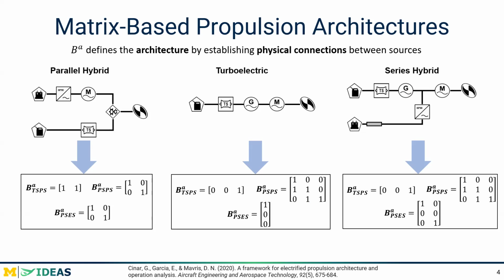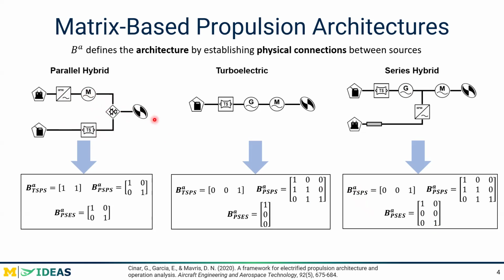We also have to develop interdependency matrices to show how much power is being split between branches of the propulsion architecture. So if you see here in the parallel hybrid, the branch with the electric motor is going to contribute some fraction of the total power required, and the turboshaft engine will have to contribute the rest.